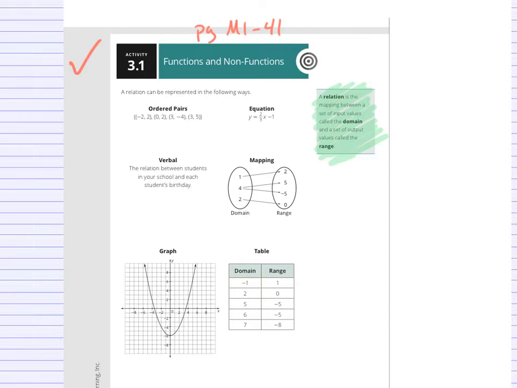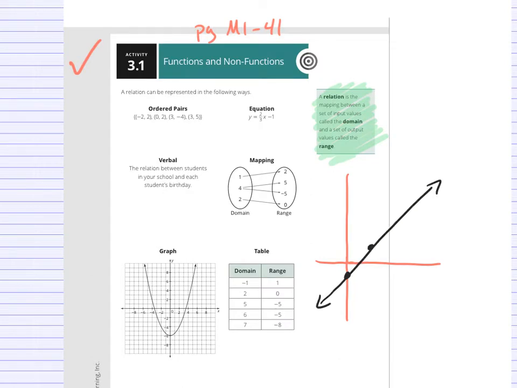For instance, ordered pairs. This X, -2, is matched up with this Y, or output, +2. So because they're matched up like this, that is a relation. The equation to the right, if I were to graph it, would start at -1, and go up 2 and over 3.